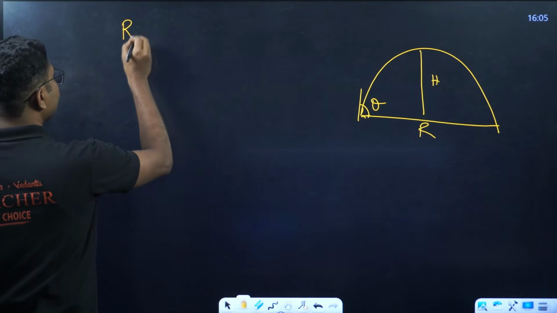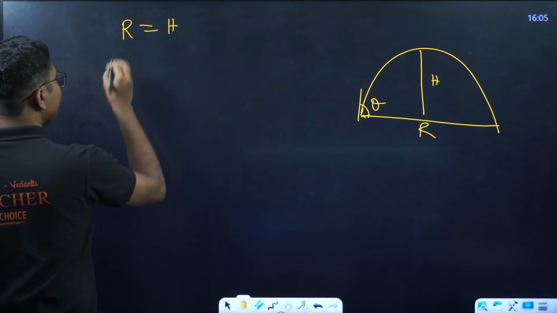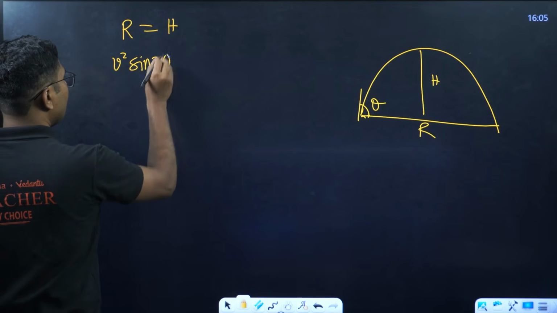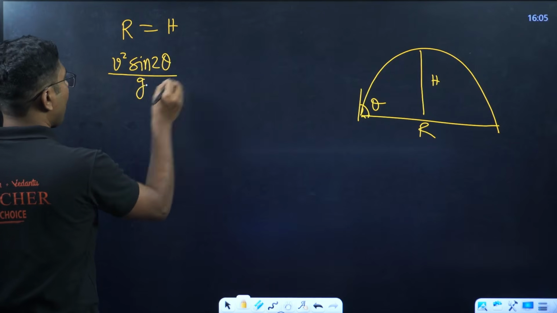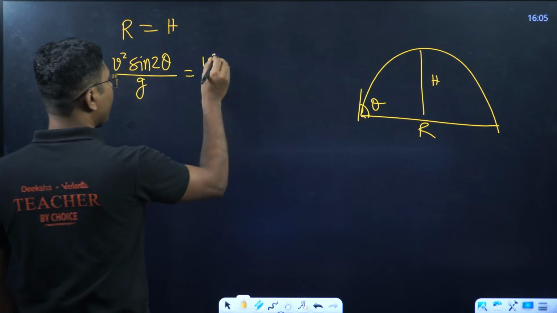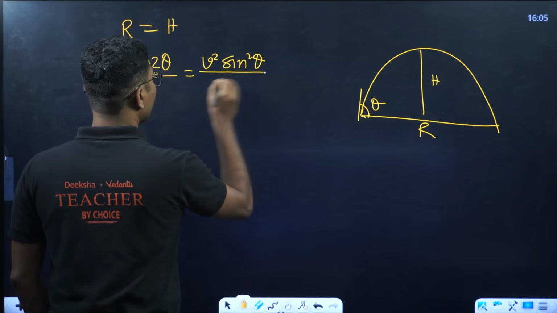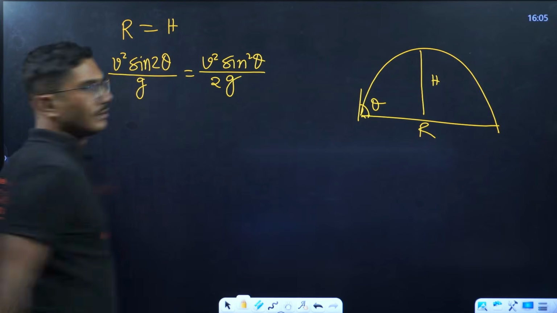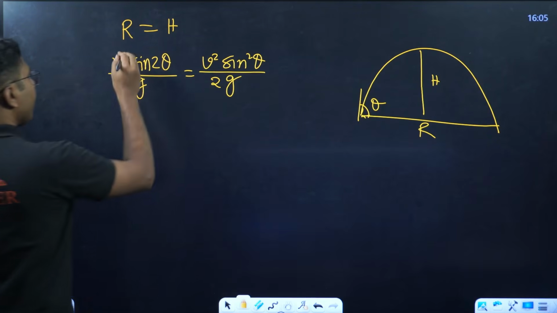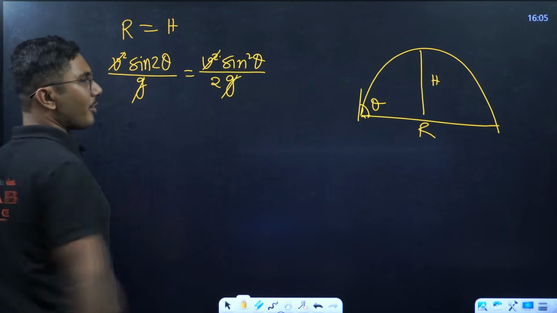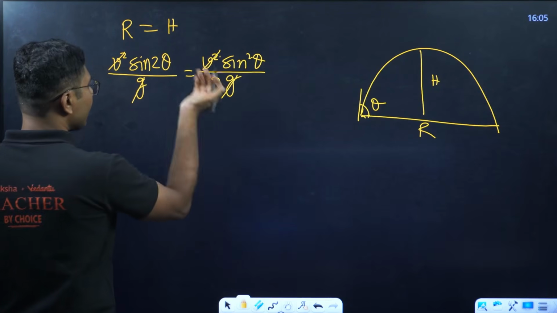Now how to solve it? So range equals height. What is range? Range is v square sine 2 theta upon g. What is h? H is v square sine square theta by 2g, right? So v square cancels, g gets cancelled. So everything related to theta is there. You just need to find the theta.